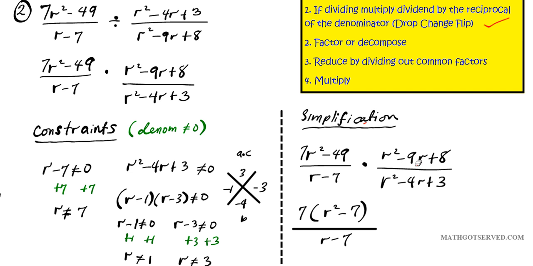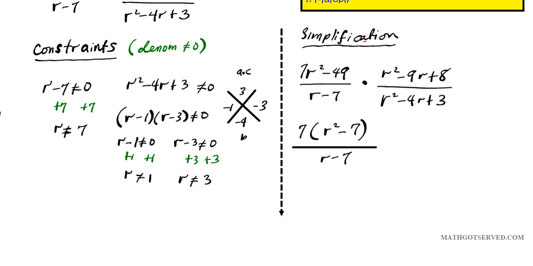Now let's take a look at this piece right here. r squared minus 9r plus 8. We can easily factor that using the x game. AC in this case is positive 8, and B is negative 9. What two numbers multiply to give you positive 8 and add to give you negative 9? Negative 1 and negative 8. So the numerator to the right is r minus 1 times r minus 8.